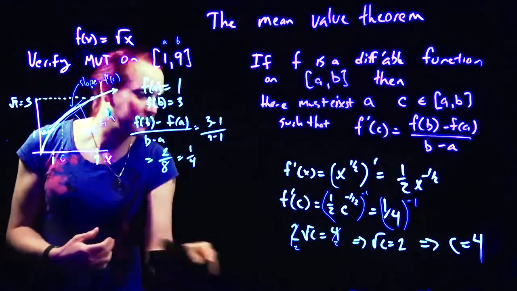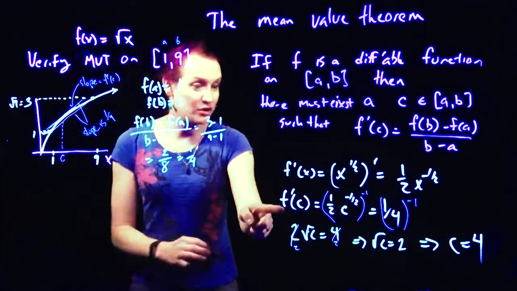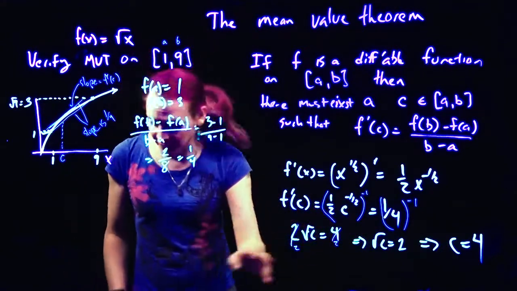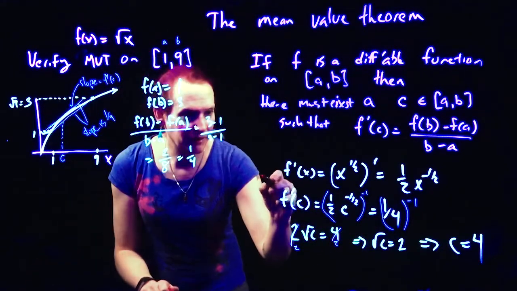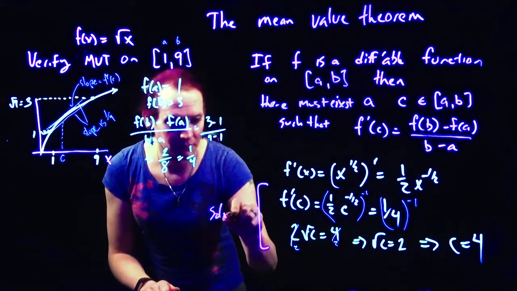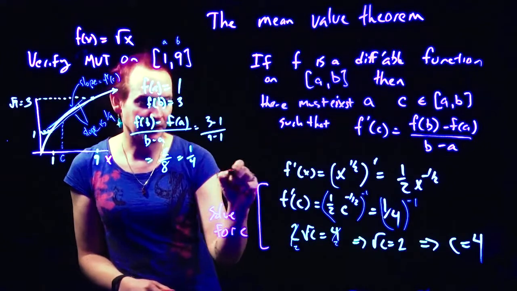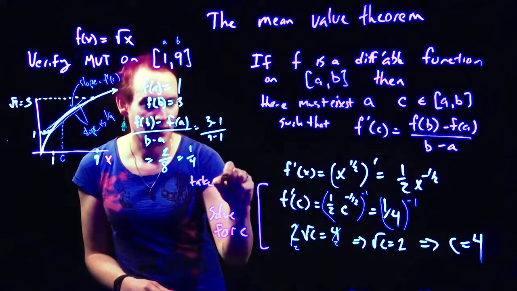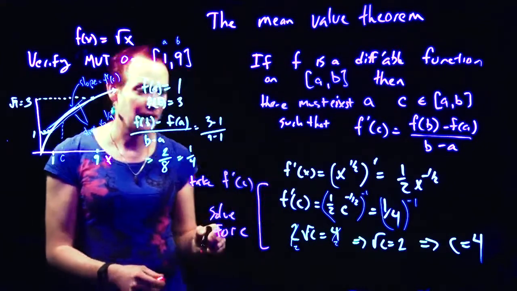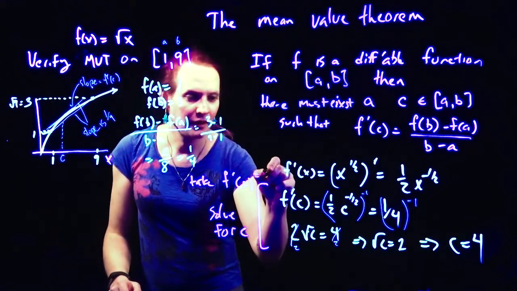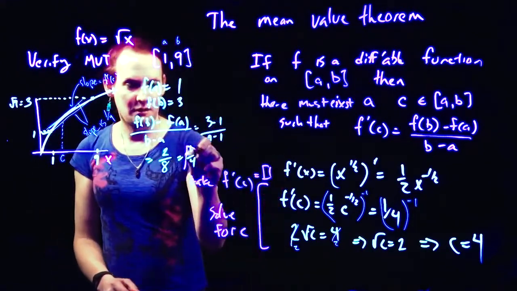So we found the c by taking the derivative and setting it equal to the slope that it was supposed to be and then solving for c. Okay, so here was the process: I want to take f prime at c, and then solve for c equals special value.